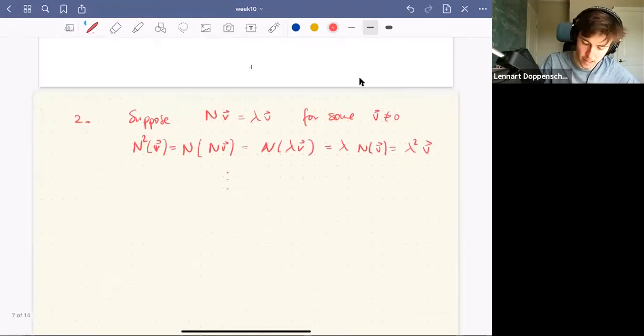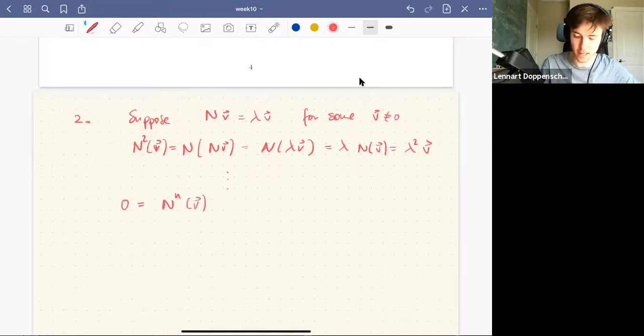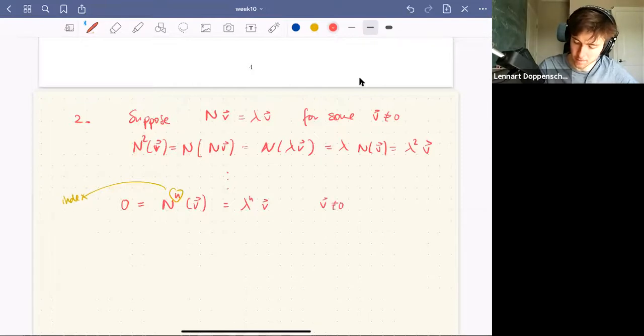So if you do this n times, then 0 has to be N to the n of v, because this is the index of this nilpotent map. And by the above, this is just lambda to the n times v, but v was non-zero. So lambda to the n has to be 0, and so lambda has to be 0.